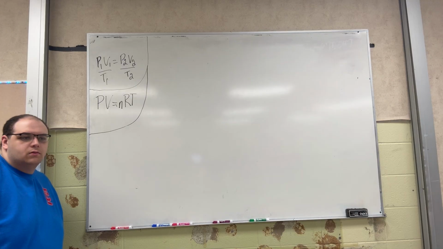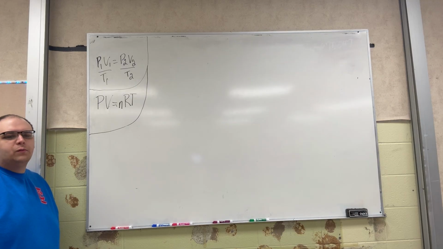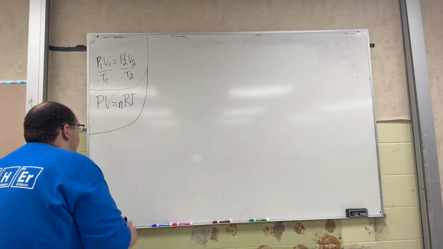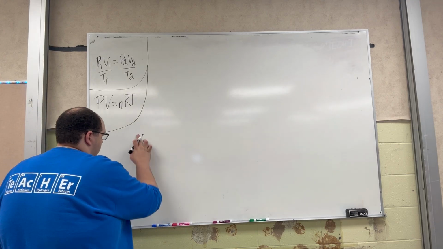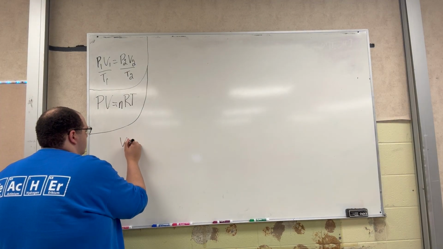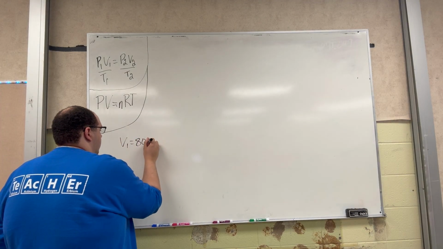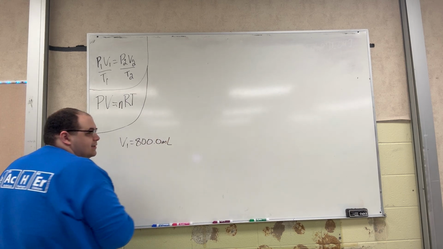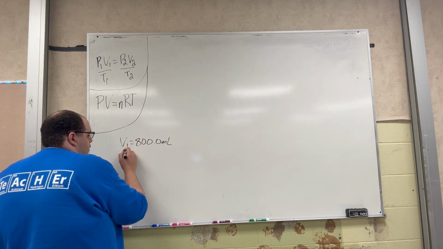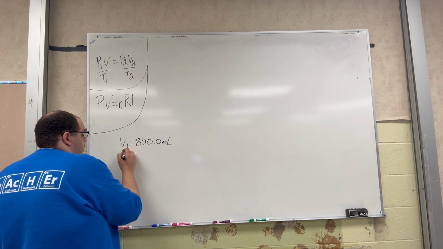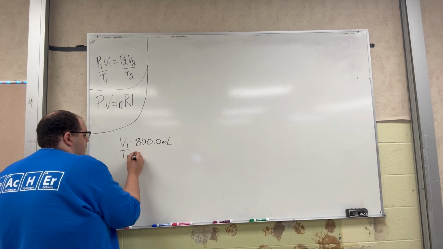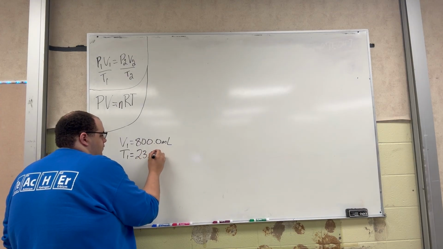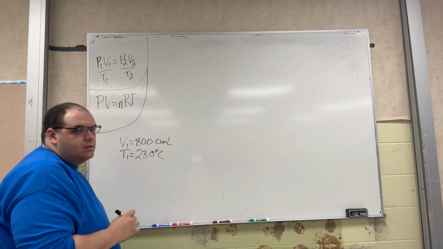List of givens. My first given, what is it? 800 milliliters. What is that? Volume, V1. What's my next given? Temperature 1. What is it? 23 degrees Celsius.